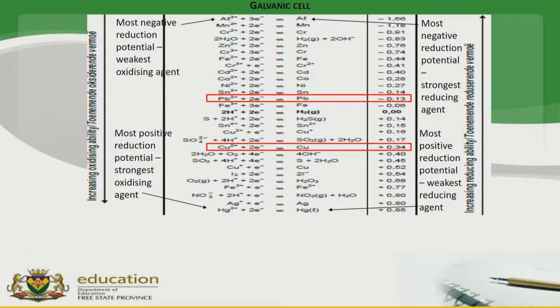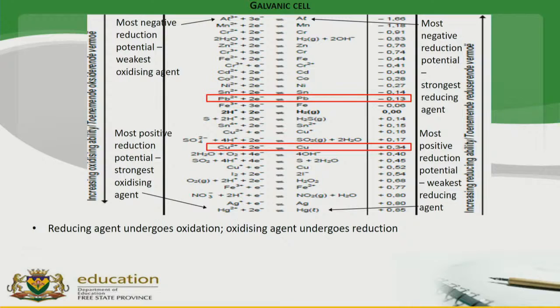So it is important for you to use the arrow. You can either use the arrow or the reduction potentials, or you can use both of them. It's fine. Now let us have a look at the lead half reaction and the copper half reaction.